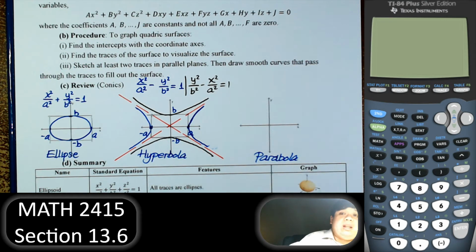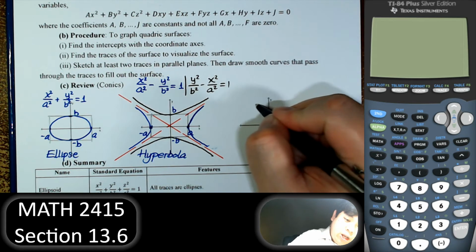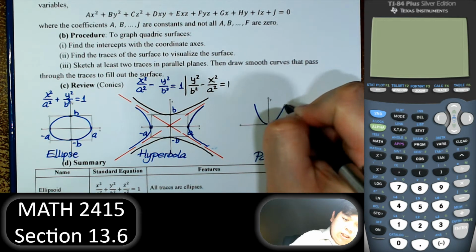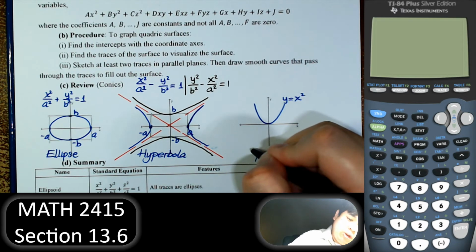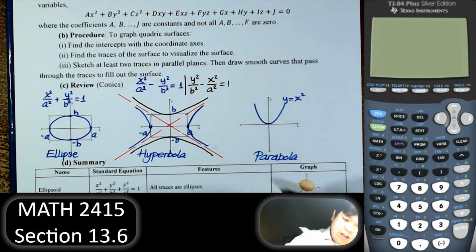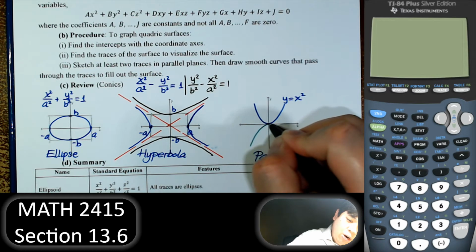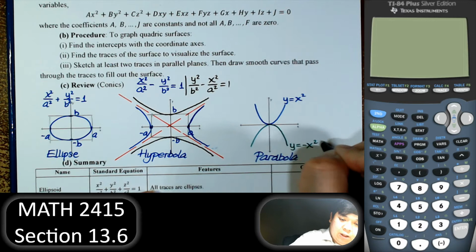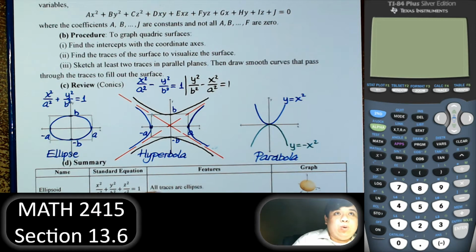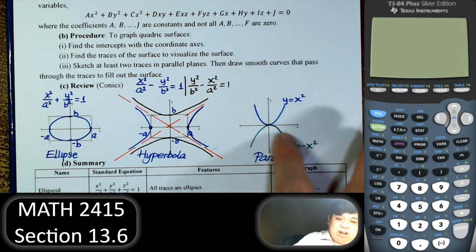I'll just go with the basic. If we have x squared, that is y equal to x squared. Because if we have a parabola that opens down, so y equal to x squared looks like that, y equal to negative x squared.